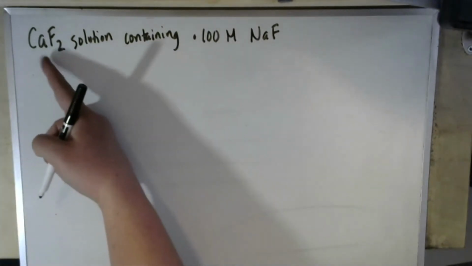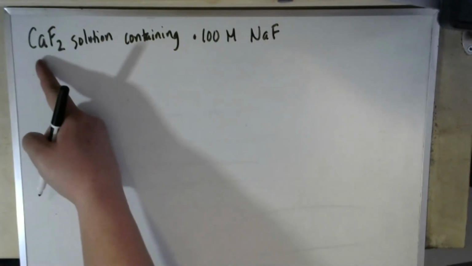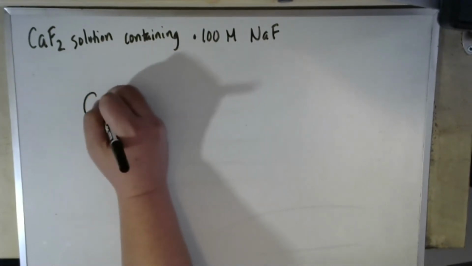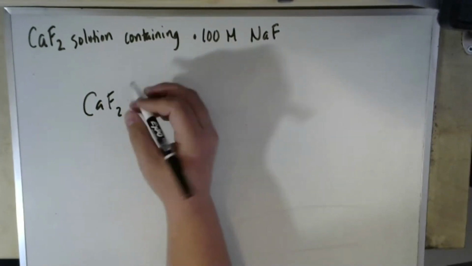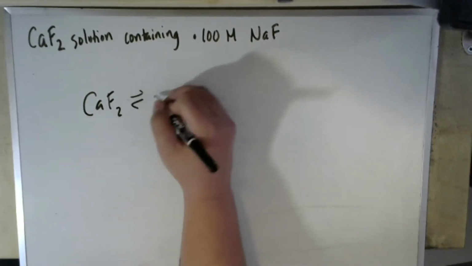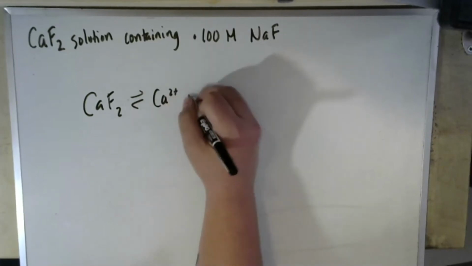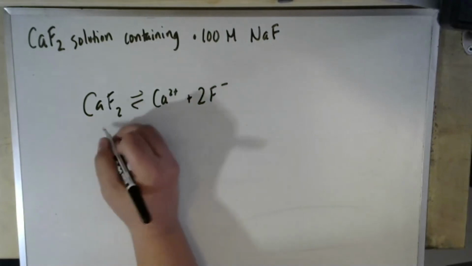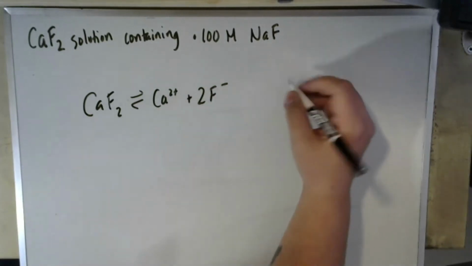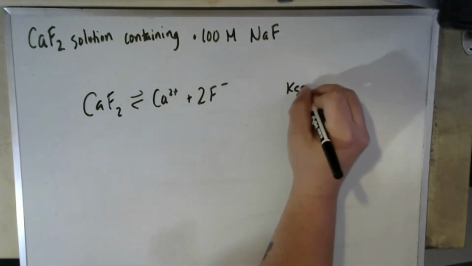In terms of our initial steps, we're focusing on the calcium fluoride here. So we're going to start by looking at that dissolution. Okay. And we can write our KSP expression.